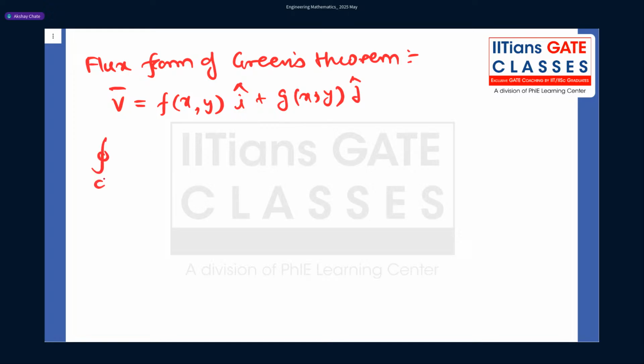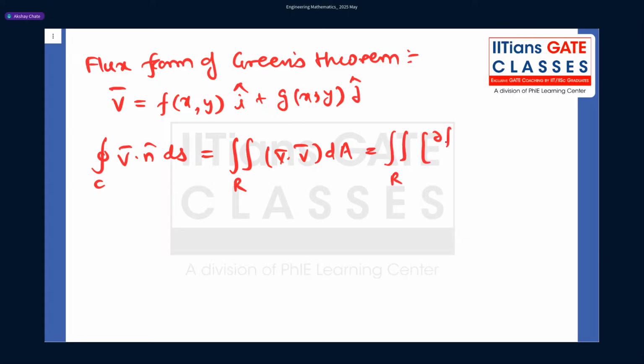Then the closed contour integration of this vector field along the normal of the unit circle at each and every point along the closed contour C is given as the double integral of the divergence of V bar into dA. Here the divergence of V bar will be nothing but del F by del x plus del G by del y into dA.